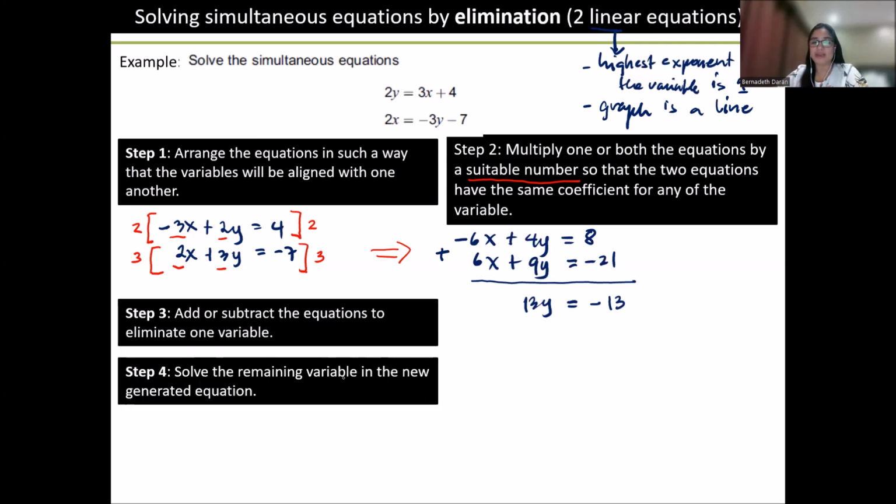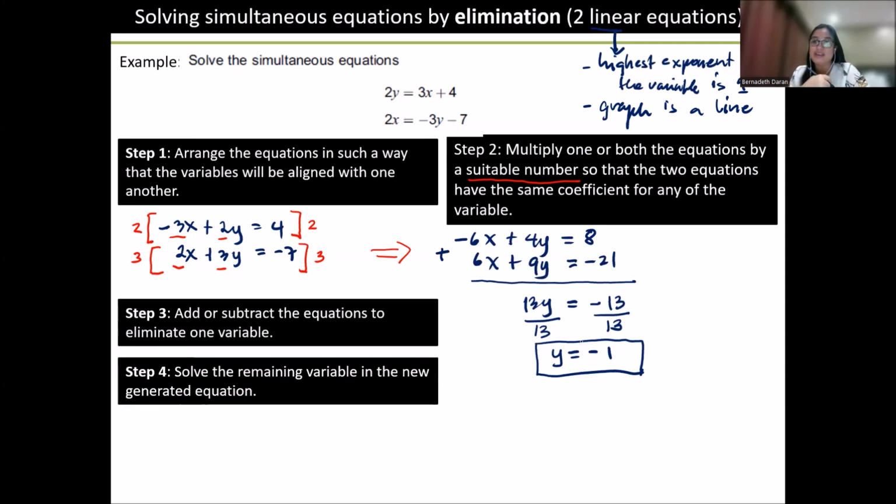Then what do we do next? We solve the remaining variable in the newly generated equation. So now we only have one variable, so we can divide both sides by 13 so that we can solve for y, which is -1. Now we already know y.